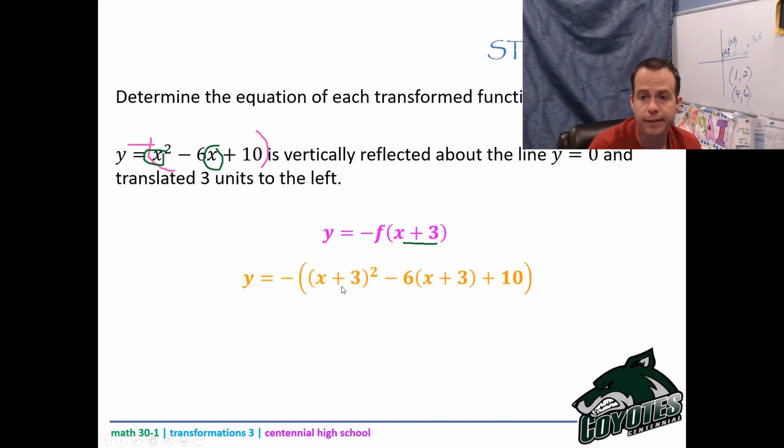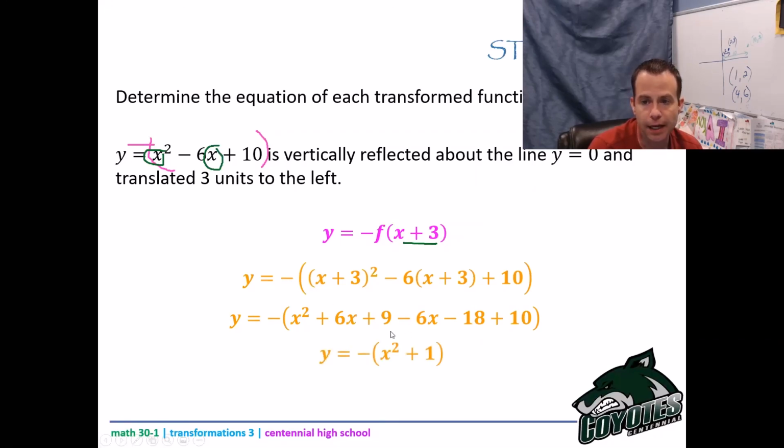Now I want to clean this up. When I square a binomial, remember that you square the first, double the product, and square the last. So this would be x squared. The product is 3x, so double that would be 6x. And then square the last is 9. This -6 gets distributed, so that would be -6x minus 18. I want to clean up in here, and then I also have to distribute the negative.